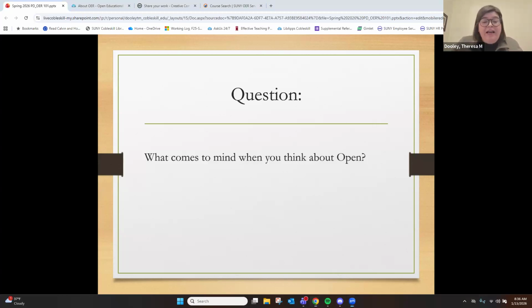Feel free to unmute yourselves or to use the chat, whatever works best for you. All right, I'm seeing lots of free, absolutely. Anybody else have any ideas of what comes to mind when they think about open? That's okay. We can work with free.